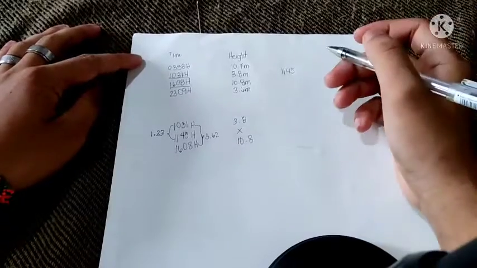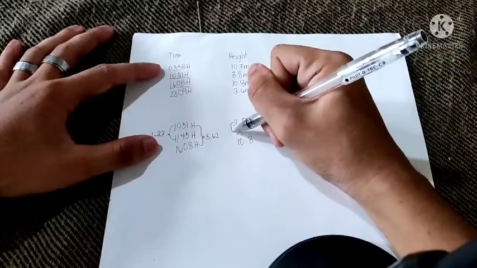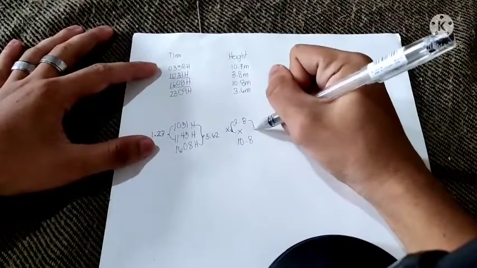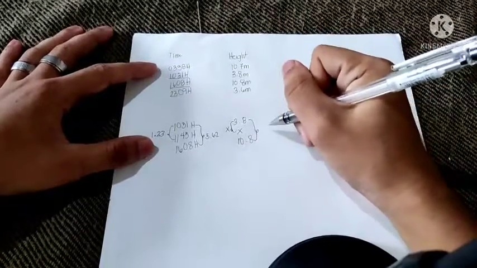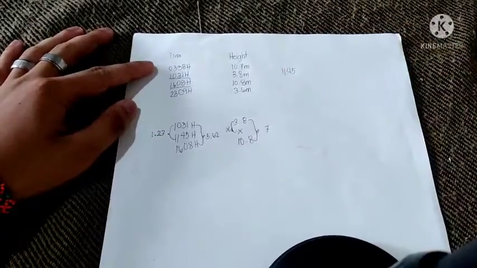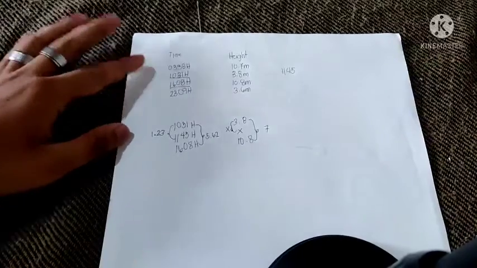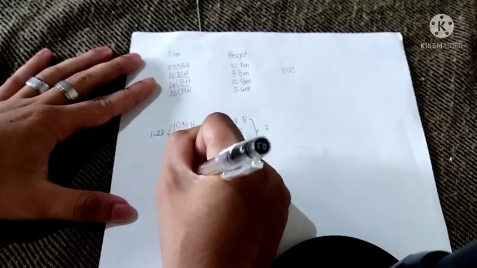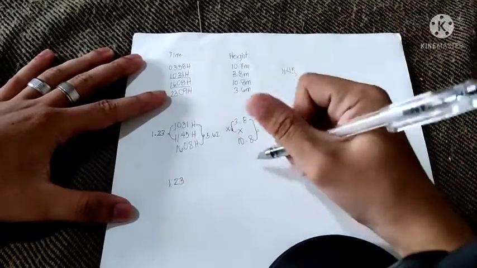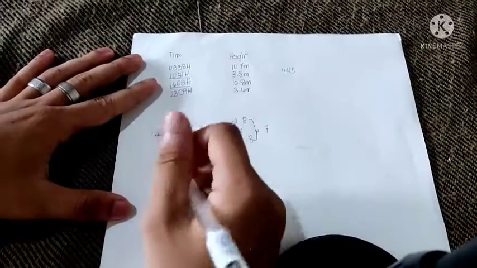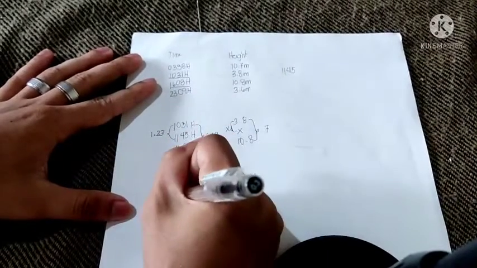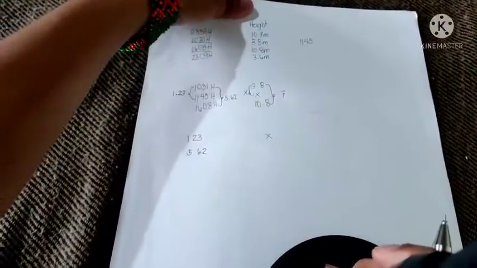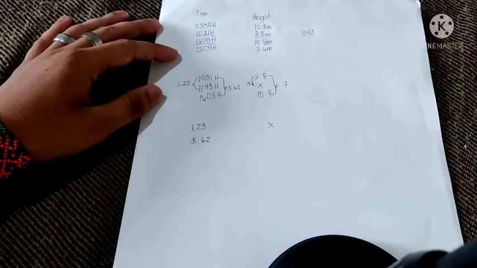Then sa kabila naman, syempre X siya, then dito naman ang kanyang answer is 7. So move tayo. Ang gagawin natin is 1.23, then lagyan natin dito yung X, 5.62, taas lang natin, and then 7.